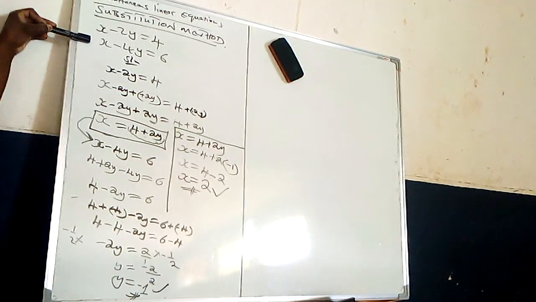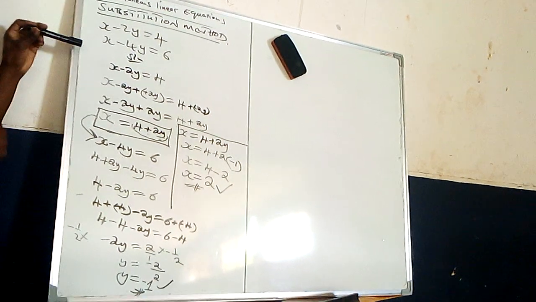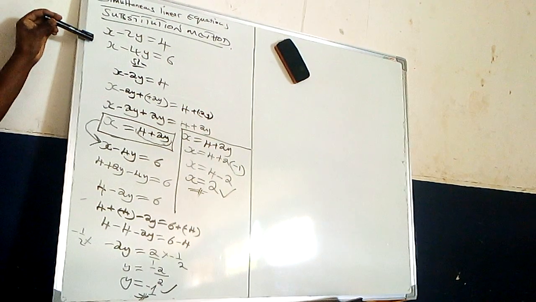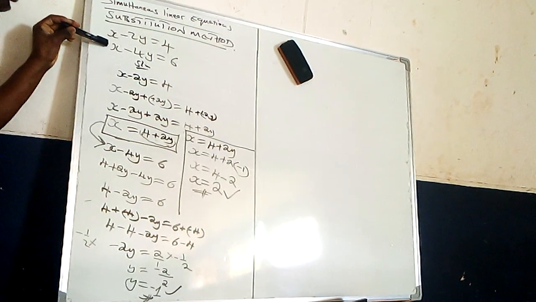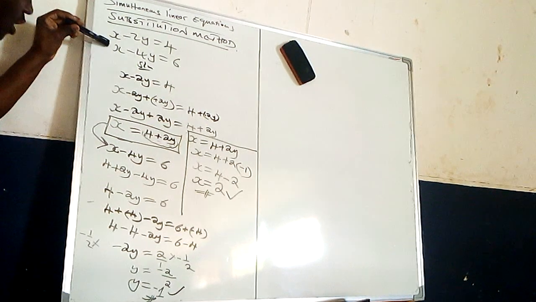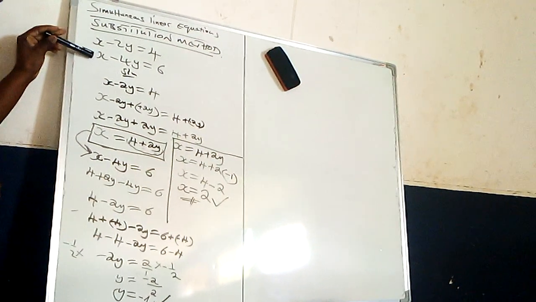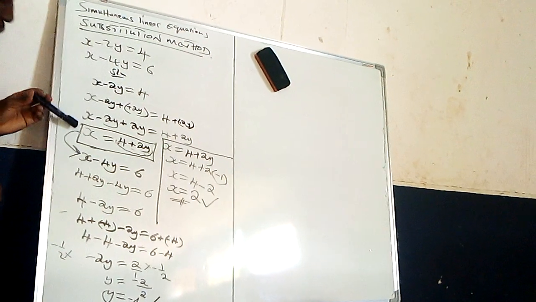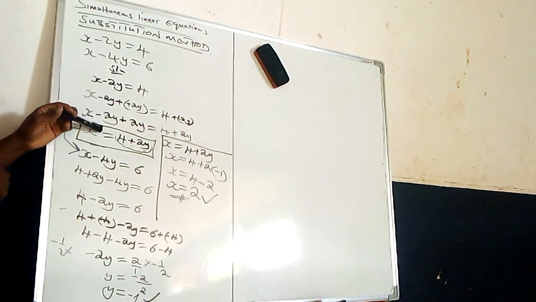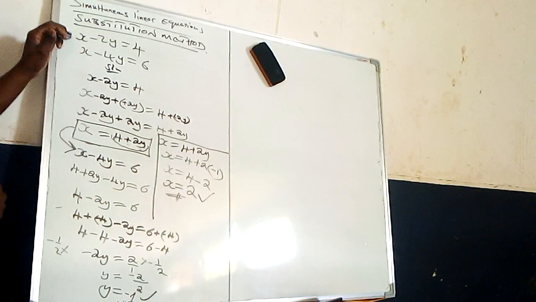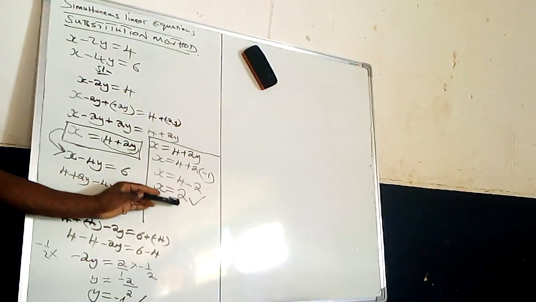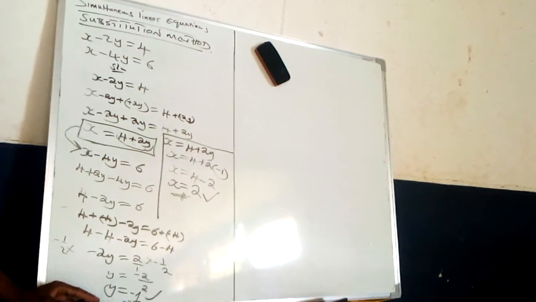This simply means that if we had used the second equation in the first place and made y the subject, we could have substituted it into the first equation, and of course you arrive at x being equal to 2 and y being equal to minus 1.